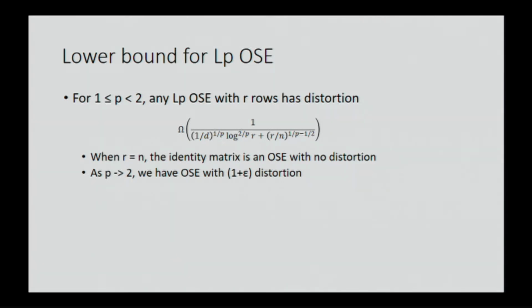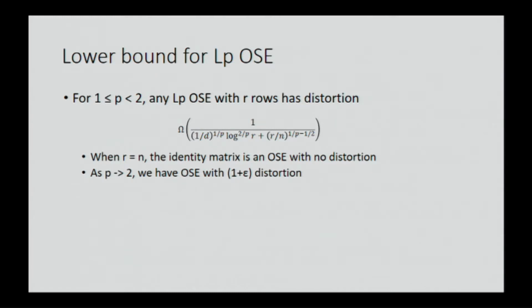Let's try to parse this messy-looking quantity. The distortion is 1 divided by 1 over d to the 1 over p, log to the 2 over p of r, where r is the number of rows, plus r over n to the 1 over p minus 1/2.